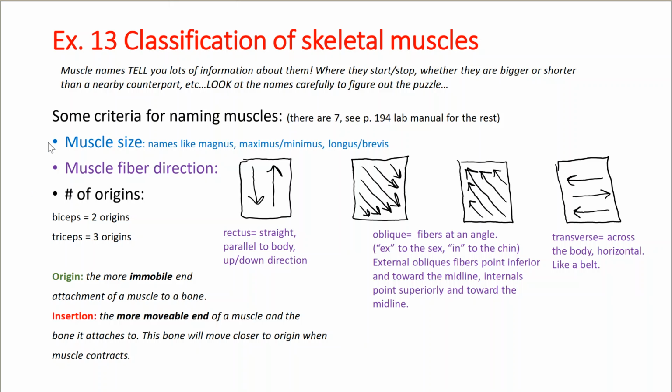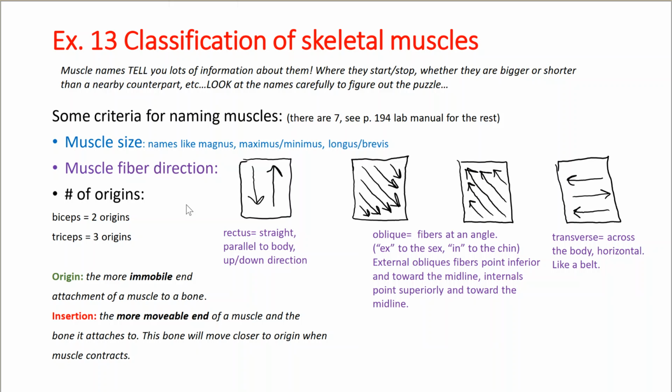So muscle size is one way. And so you'll see words like magnus or maximus minimus in a name, like gluteus maximus, gluteus minimus, or adductor magnus. Longus brevis is another indicator of size. Fibularis longus, fibularis brevis. Another way muscles are named is the muscle fiber direction.